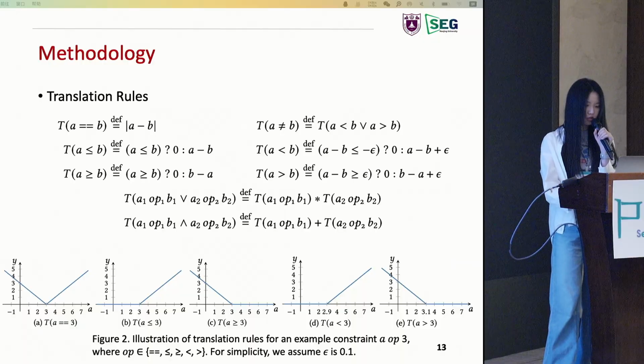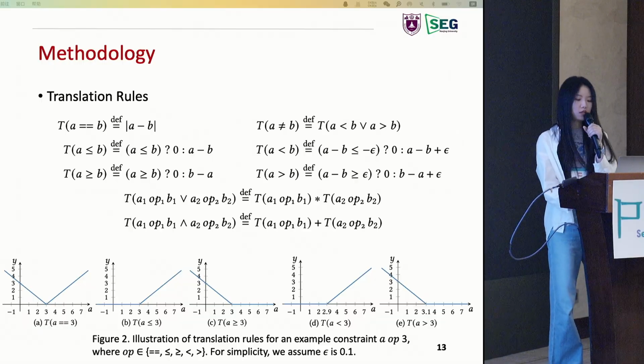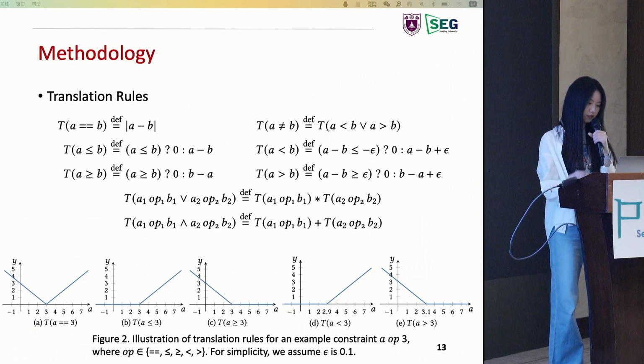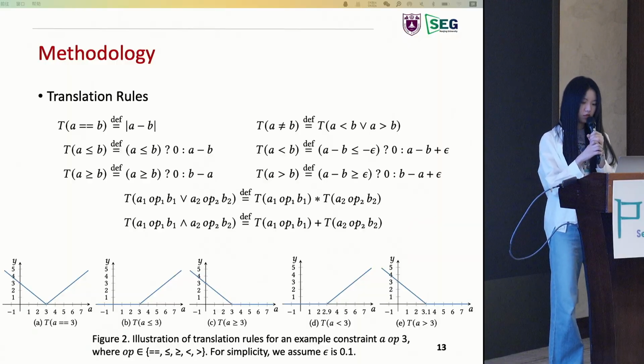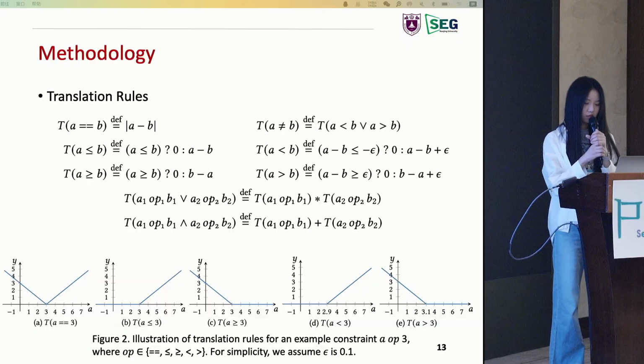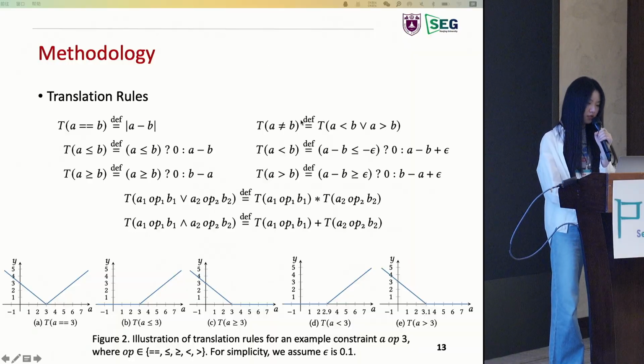For disjunction and conjunction of two constraints, we use multiplication and addition respectively to ensure that only one of the two constraints needs to be satisfied or both need to be satisfied. At the same time, since the first 5 rules we design are linear, the complexity of objective functions generated by subsequent combinations will also be alleviated.